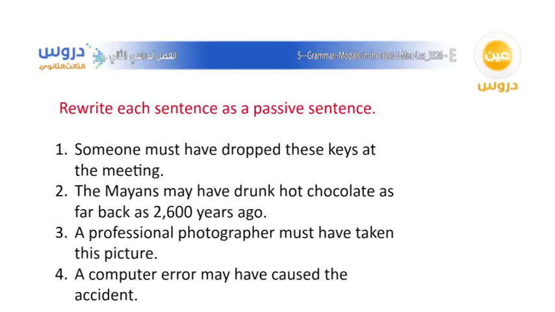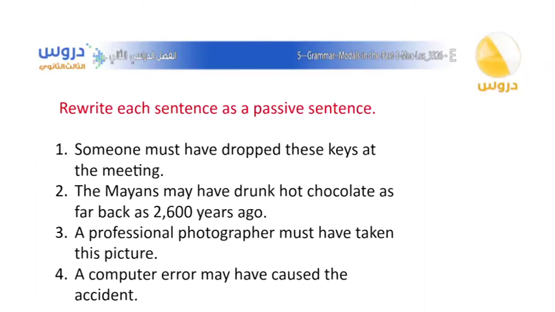Hot chocolate was drinking. Okay, the past participle tense of drink is not drinking. It's actually... Can you figure out what the past participle tense of drink is? Can you help?